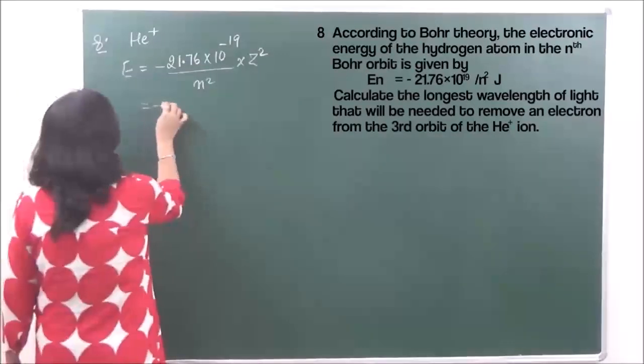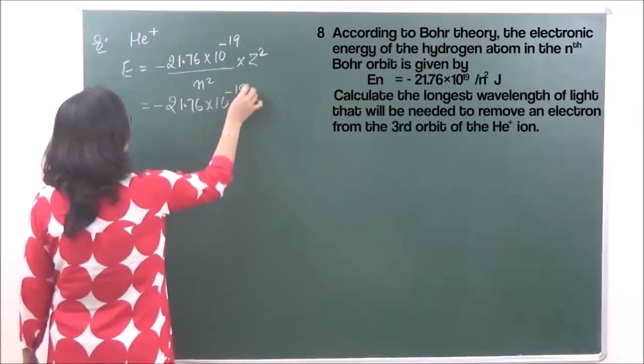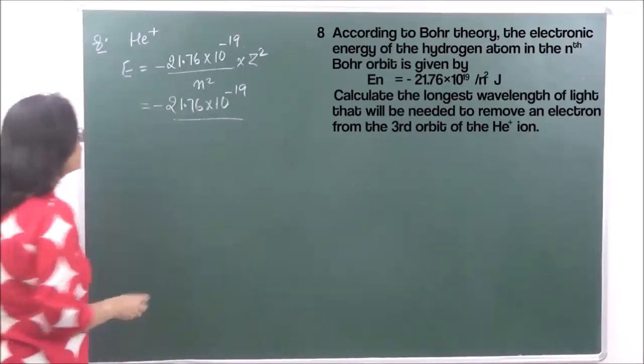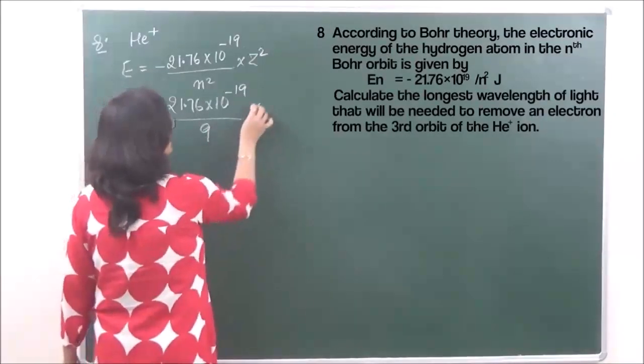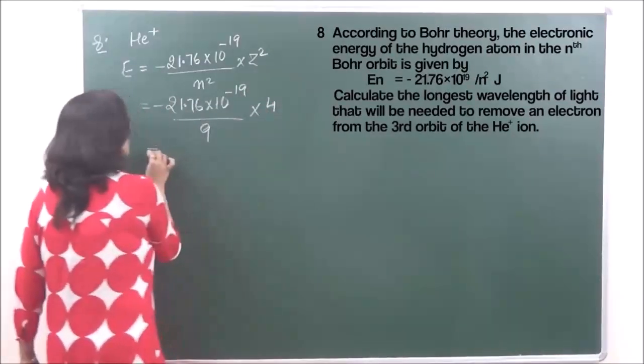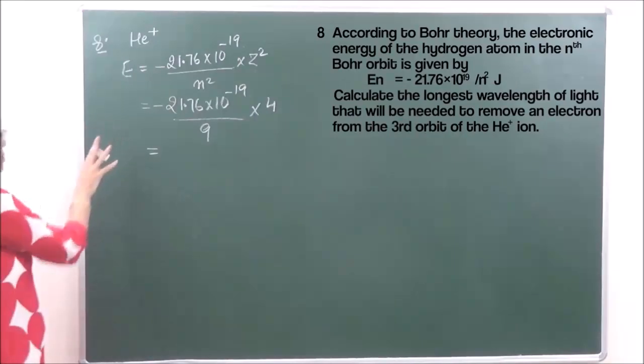So we have minus 21.76 into 10 raised to power minus 19 upon n square. The value of n is given 3, so 9, and the atomic number for helium is 2, so 4. Let's not calculate this because we have to calculate lambda in the question, the longest wavelength. So let's keep it like this only.